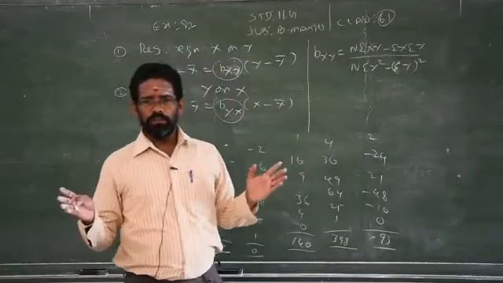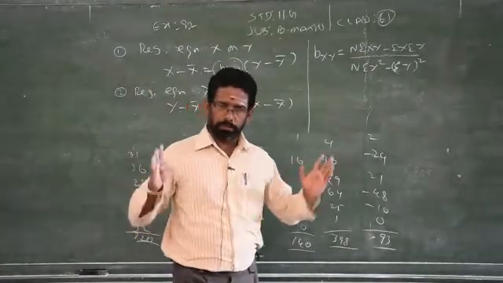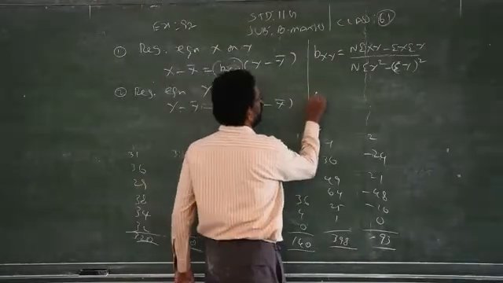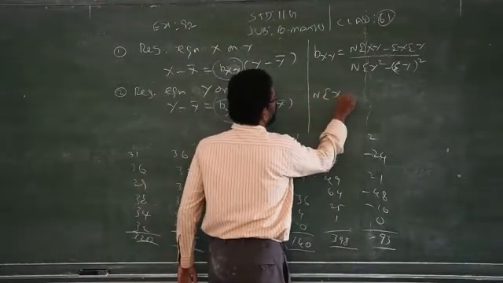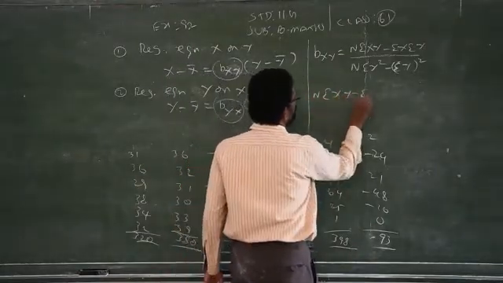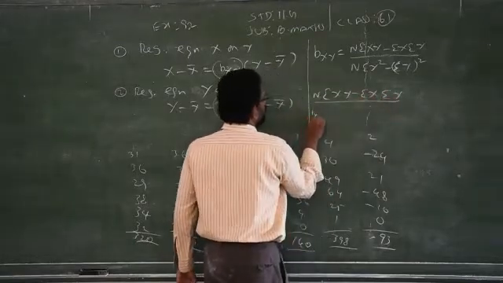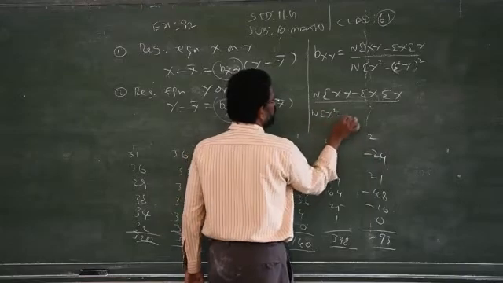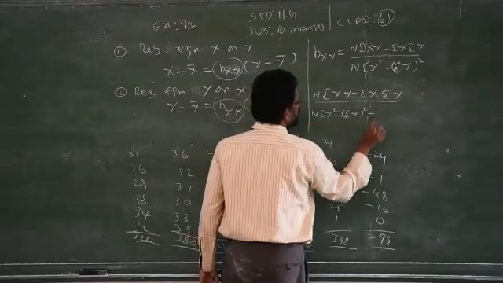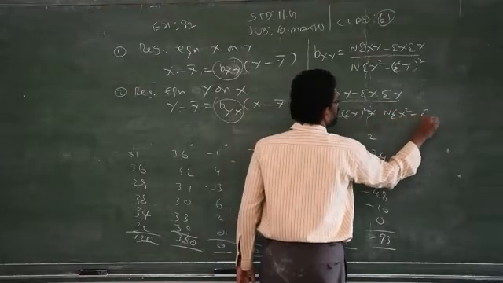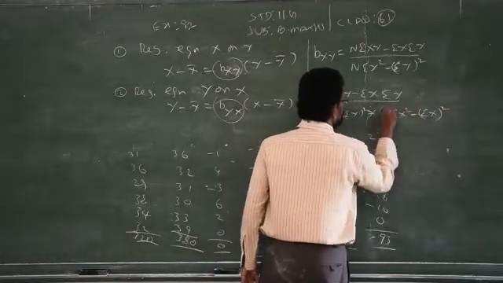Clear? So you know the previous formula to find the correlation coefficient, the big formula. I write down the formula for the correlation coefficient, that is n summation xy minus summation x summation y, by square root of n summation y square minus summation y the whole square, into n summation x square minus summation x the whole square. Clear?